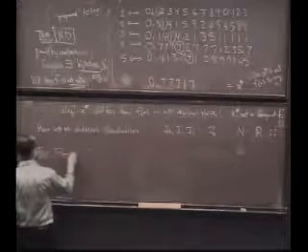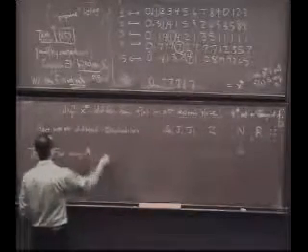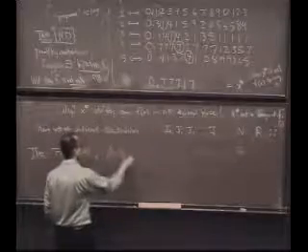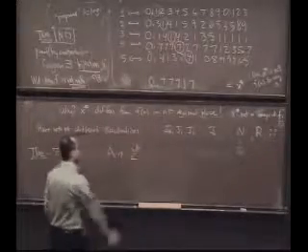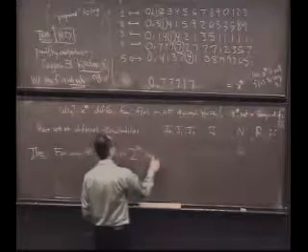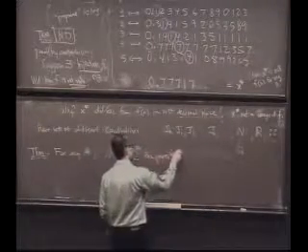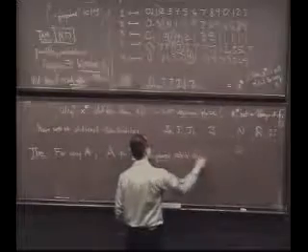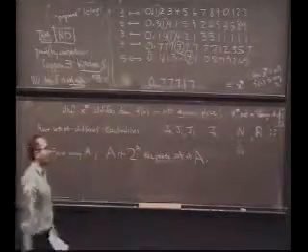And here's a theorem. For any set A, the claim is A cannot be put into one-to-one correspondence with 2 to the A, the power set of A. What's the power set of A?